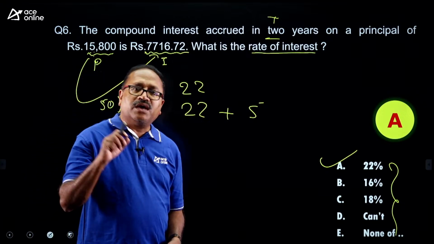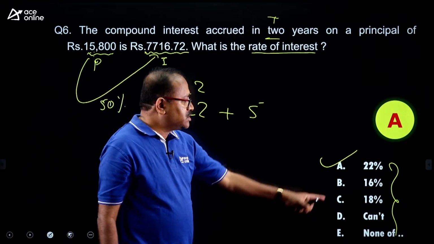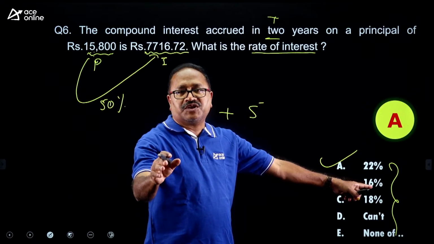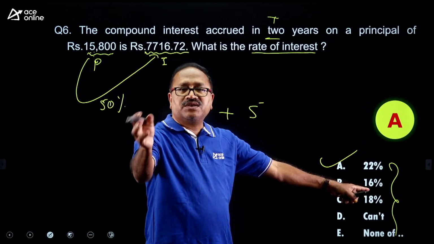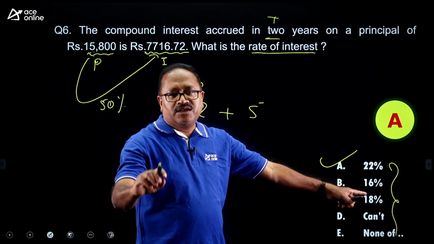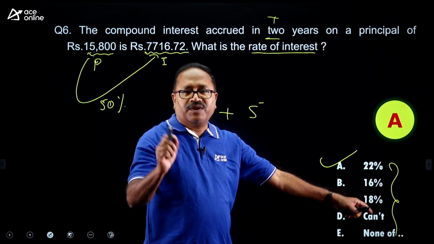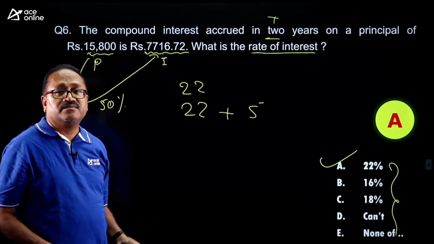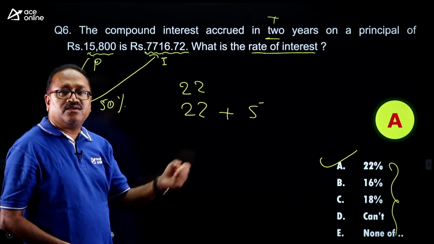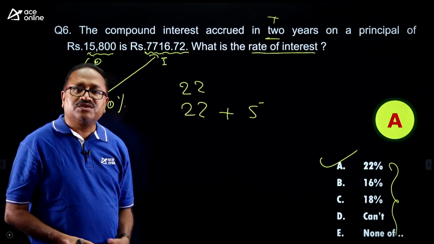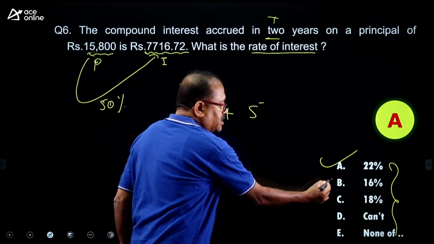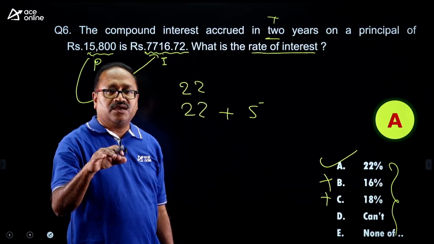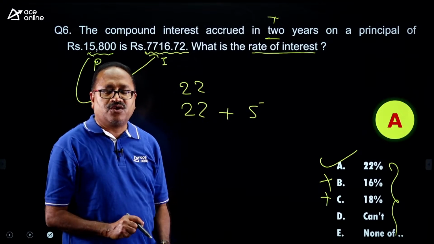Now I will tell you why I will eliminate B. This is 16%. For 2 years, 16 plus 16 is 32, and 16% of 16 will come to another 2 or 3. So 32 plus 3 is 35. But the interest is 50%. So I will ignore 16. With the same reason, if I consider 18, I will ignore it. The reason is 18 plus 18 plus 18% of 18.